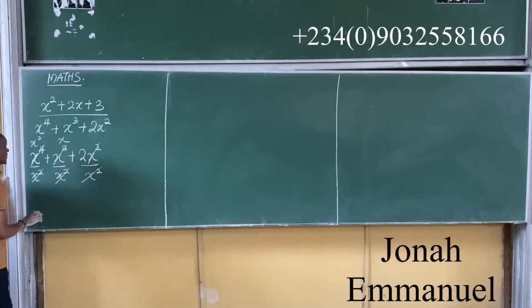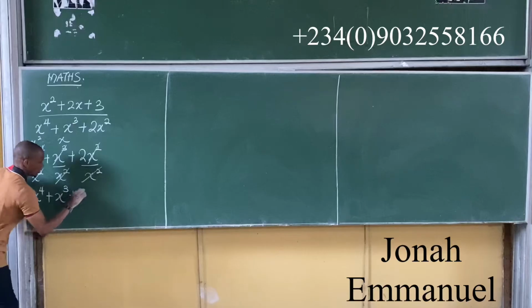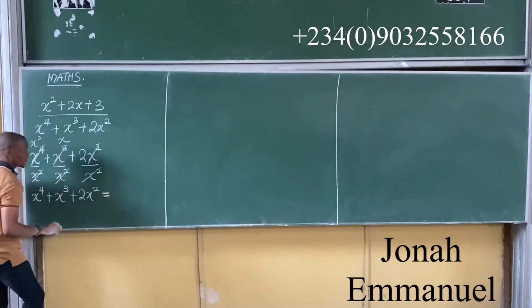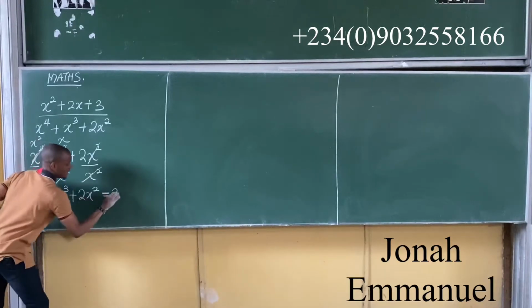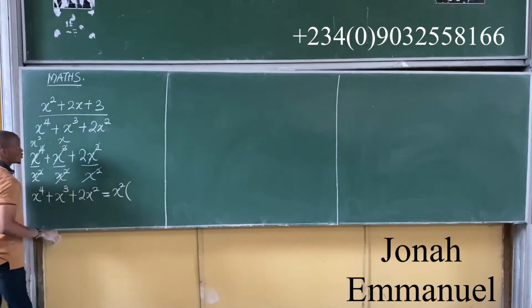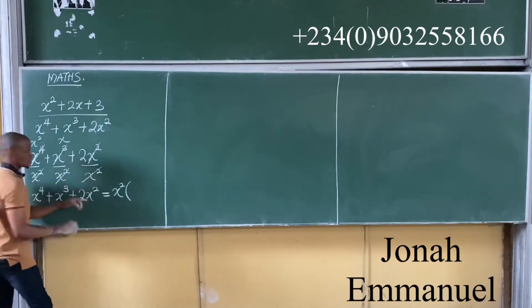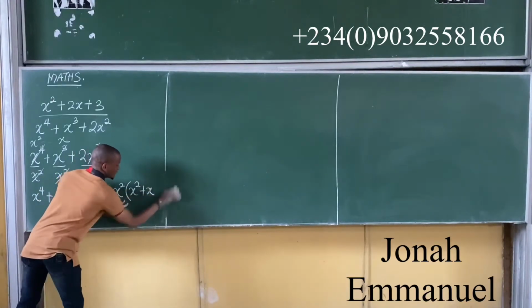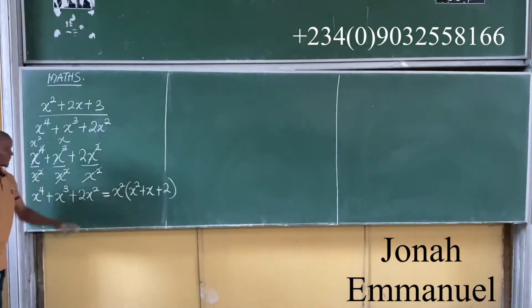That means if I have x power 4 plus x power 3 plus 2x squared, this can be written as equal to, I see here, x squared into x squared plus x plus 2. So this answer is the same thing.